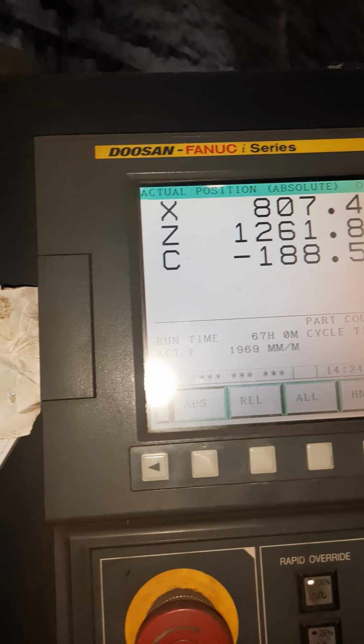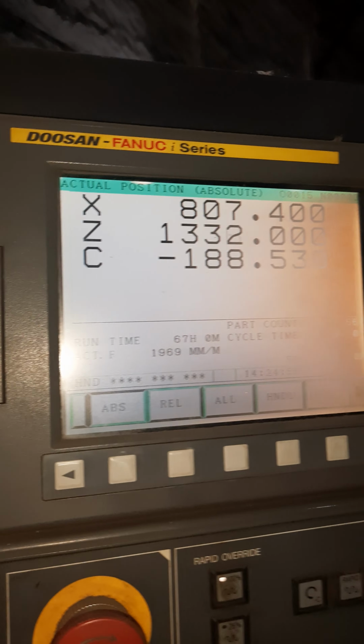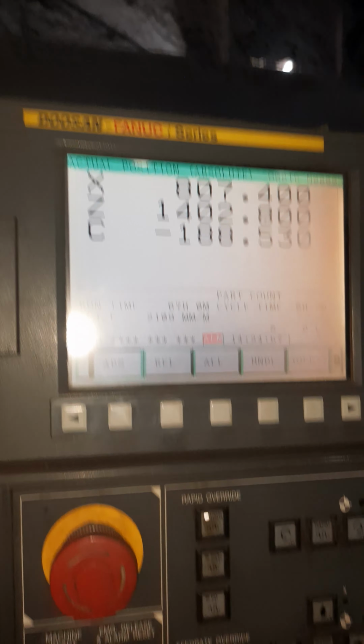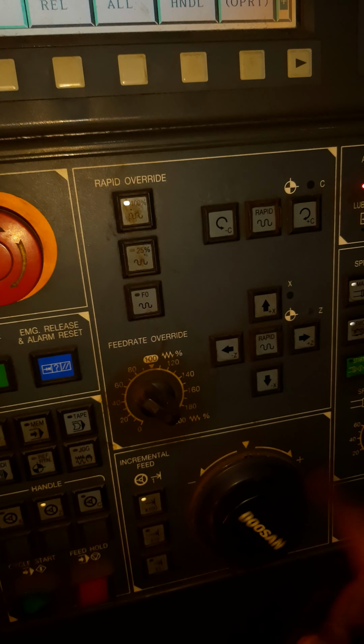Okay, it is in positive side. Then we have to make Z go to positive side.